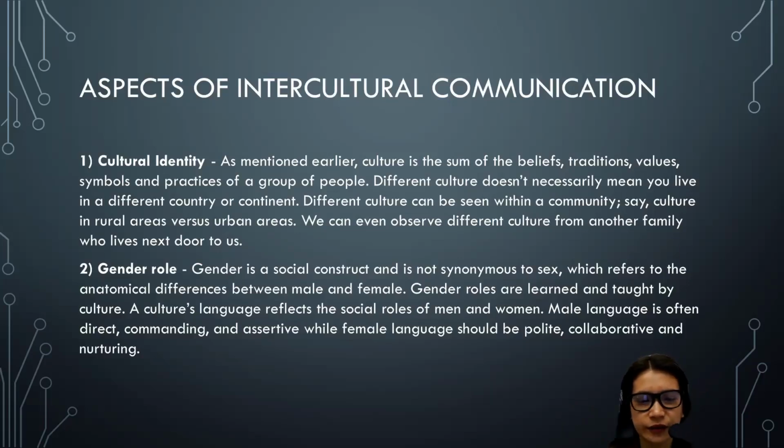A certain island, a certain municipality may have different cultures, just like in my place. In our province, we have like 7 tribes, if I'm not mistaken. Those tribes share different culture, or it could be in a family. Our family practices different culture and tradition.